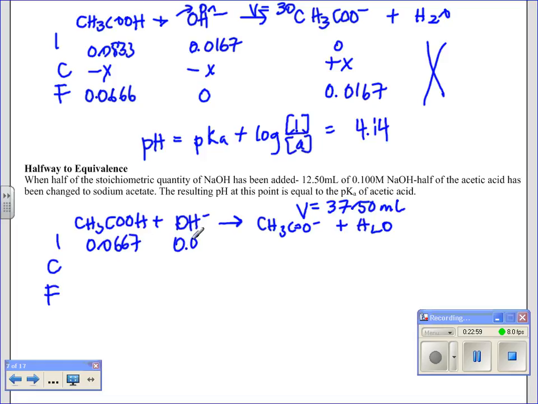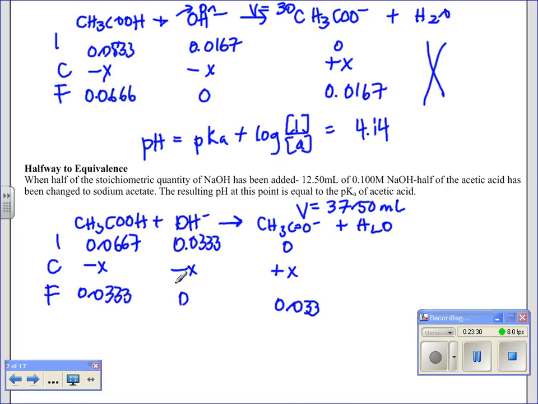We've added half that amount of base. Our base is still our limiting reactant, so it goes to 0, and it helps us to determine what our X value is. What we see here is that we've got a buffer, so we still have some of the vinegar and the acetate ions present.